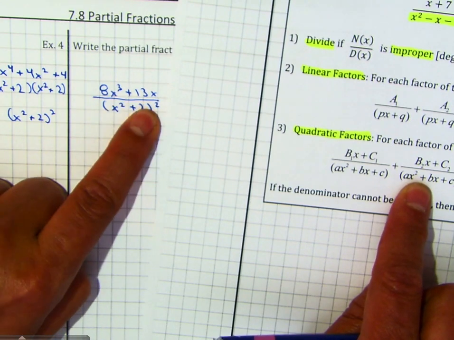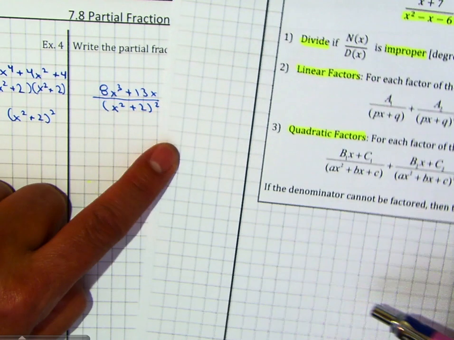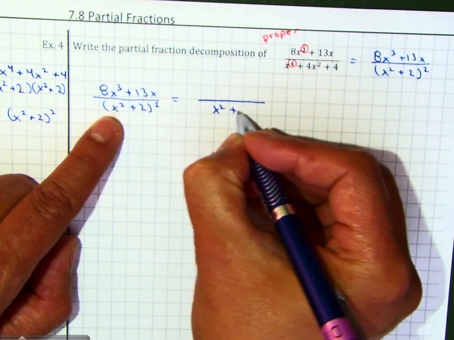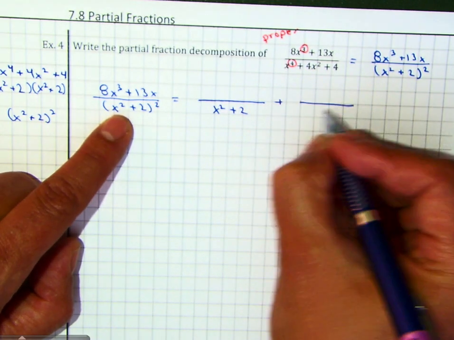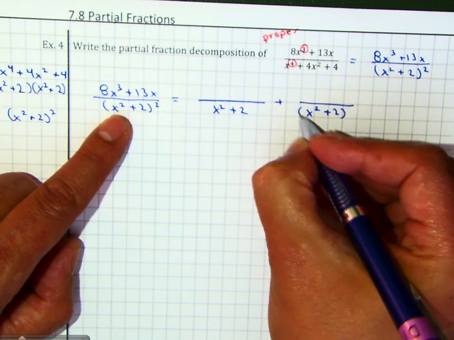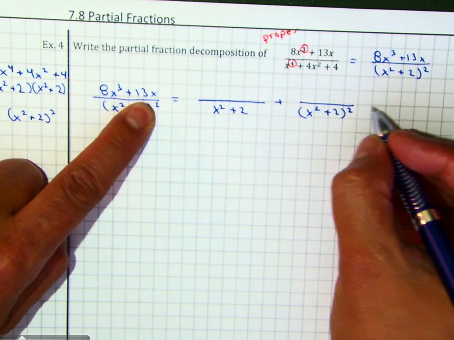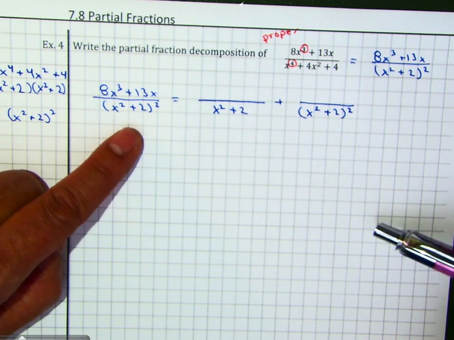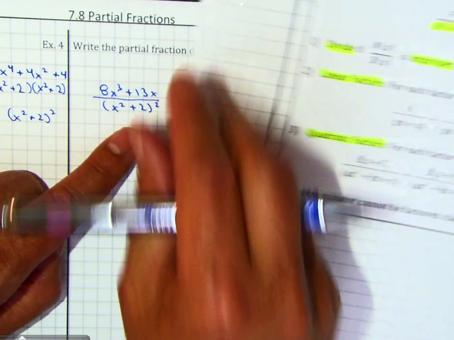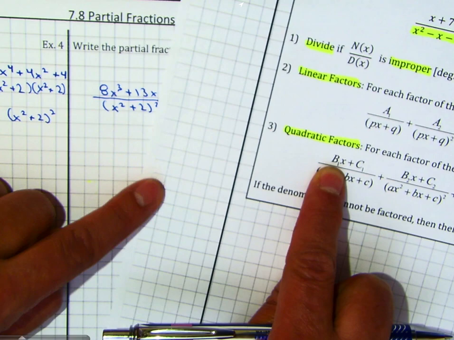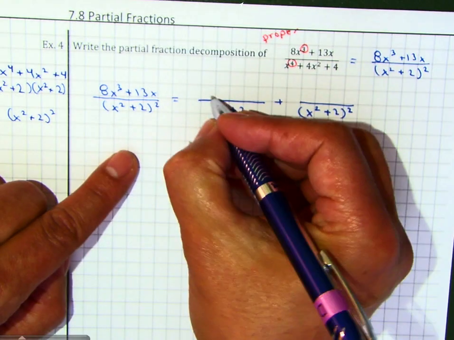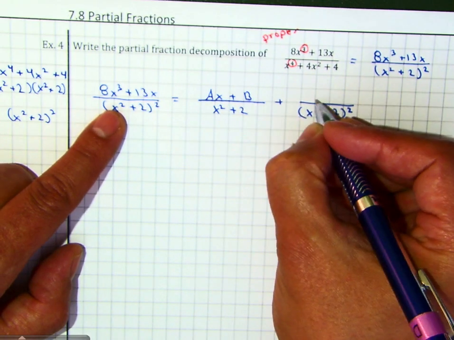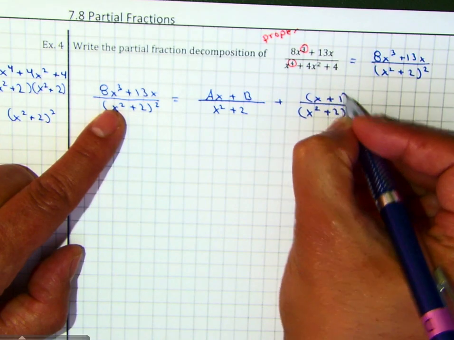If it was to the third power, then I need to do the third one as well. So in this case, we are going to end up with x squared plus 2 plus x squared plus 2 squared. If it was to the third power, then I end up with x squared plus 2 to the third power. And now, on my numerator, will be a linear x plus. So first, it'll be ax plus b. The next will be cx plus d.